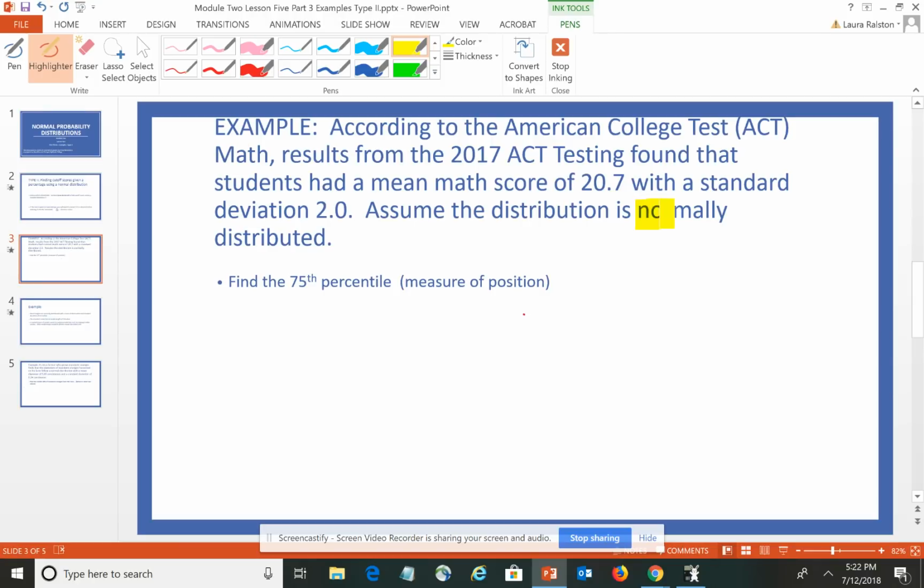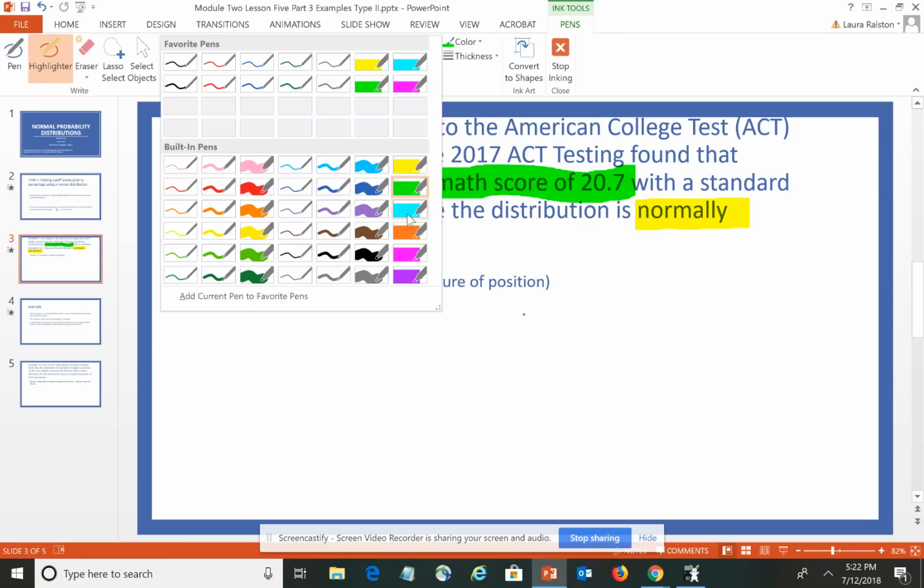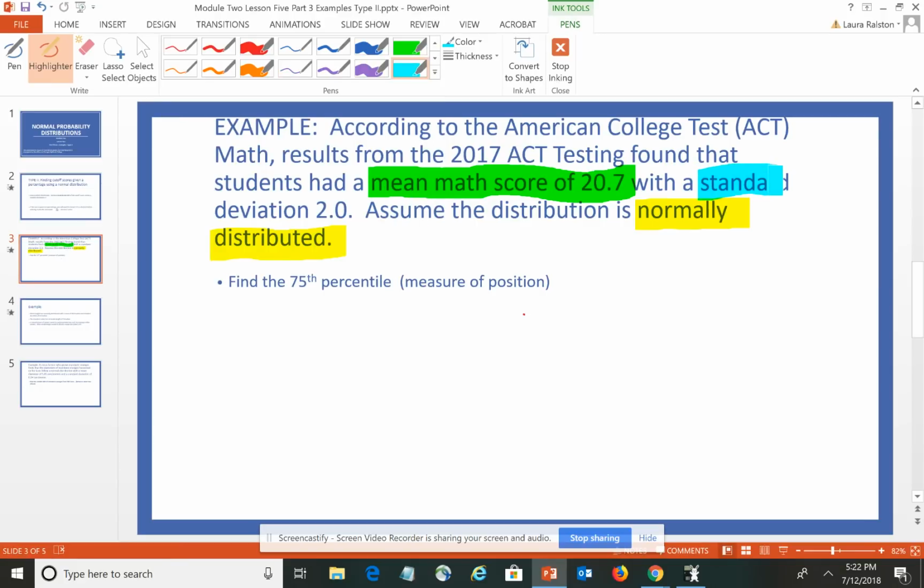So first off, remember they've identified for us that it is normally distributed. They have given us the mean score, and they have told us the standard deviation. Remember, those are the 3 things you have to know in order to work through these type problems.